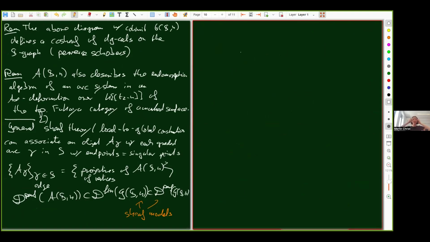Now, we can realize every arc as an object, and the edges of the S graph are themselves arcs, and they give you the projectives.